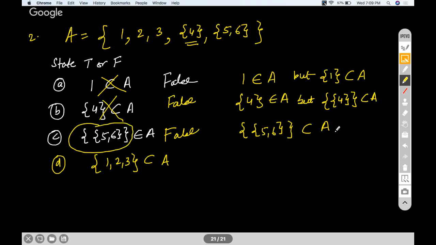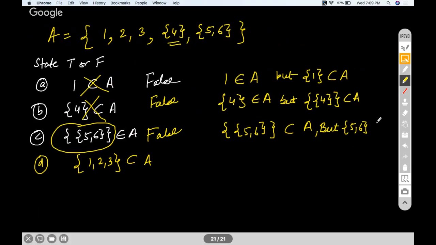If you want to write it as an element, you should just state 5 comma 6 is an element of A. So there's a difference between these two. Okay. Last is 1, 2, 3 is a subset. This is true. So your answer will be F, F, F, T. So A is F, B is F, C is F, and D is T.